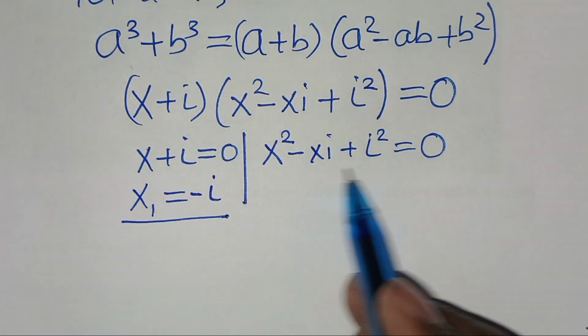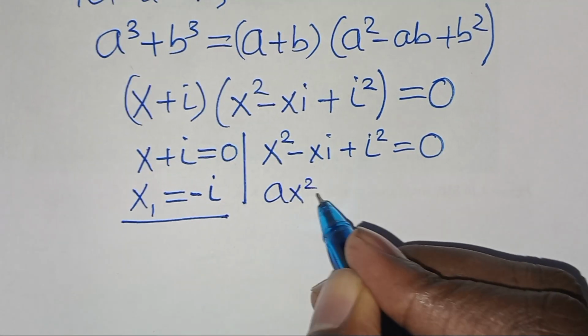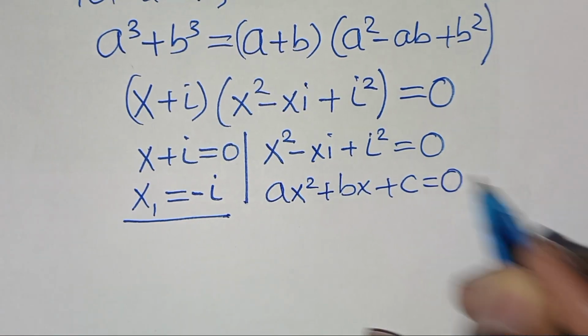And then the second part is a quadratic equation here, which is in the form of ax squared plus bx plus c equal to 0.